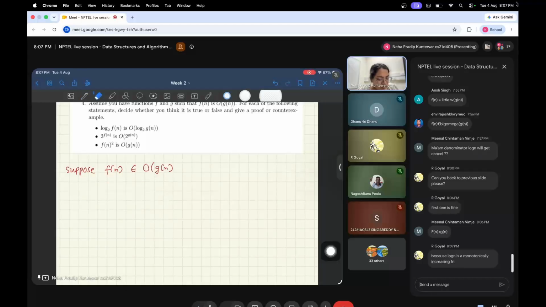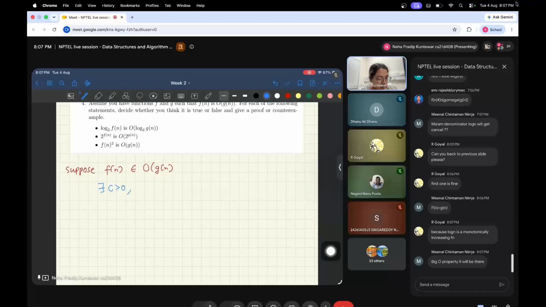Let's put this into definition. So that means there exists a c greater than 0 such that for all n greater than or equal to n0, f of n is at most c times g of n. This is by definition, right?